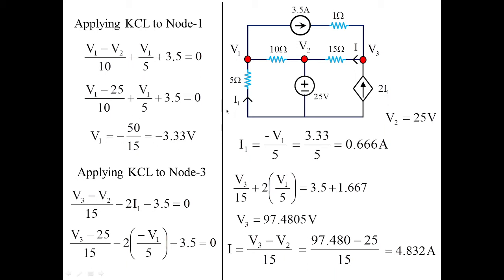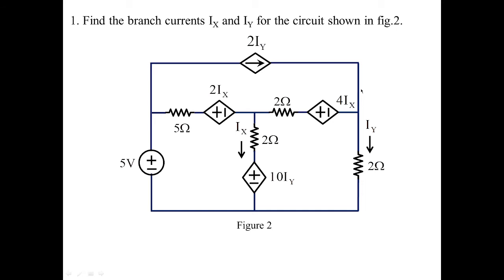This is how we apply mesh analysis and node analysis for the dependent source problem. This is example 1. Let us go with example 2. You can see in this figure 2, there are different sources given. One is the active voltage source, and the rest are dependent sources.